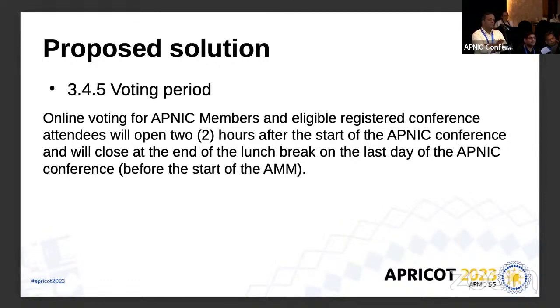For EC and NRO, we open the voting period well ahead of the start of the conference, so that eligible APNIC members can vote. Whereas for SIG, we open the voting period after the start of the conference.